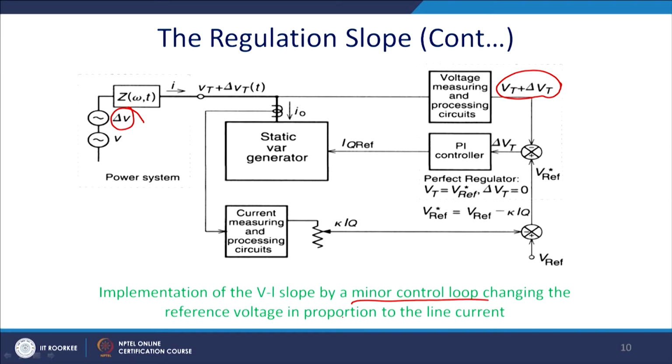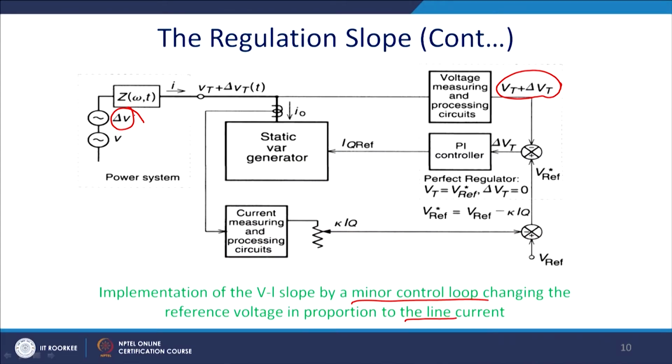This is the implementation of the V-I slope by a minor control loop, changing the reference voltage in proportion to the line current. So, as the line current changes, you actually inject some extra voltage, and that is called the droop control feature. How you will calculate k is also a challenge. We have written k into IQ.